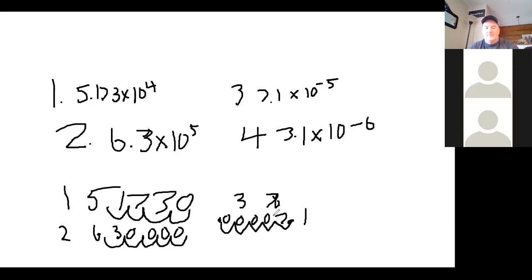Now in this case, as a bonus, we're going to read this out loud. Tenths, hundredths, thousandths, 10,000ths, 100,000ths, millionths.